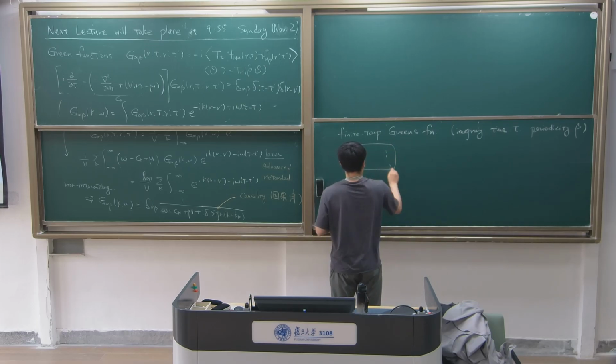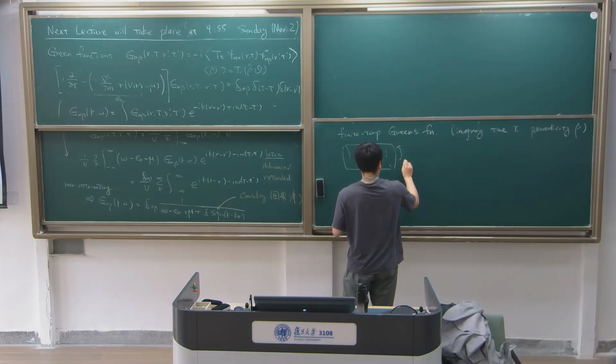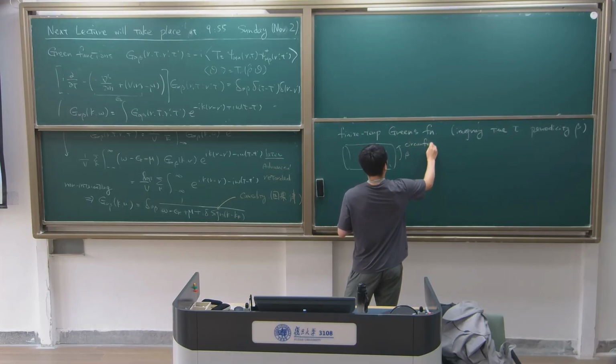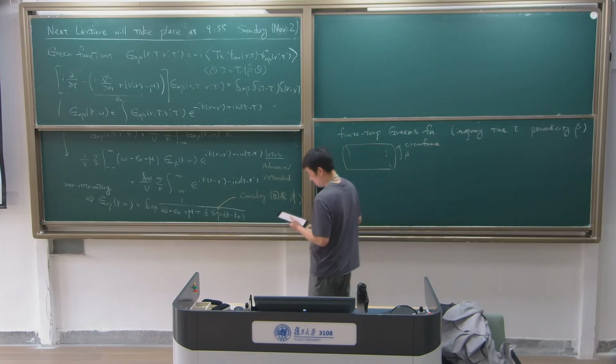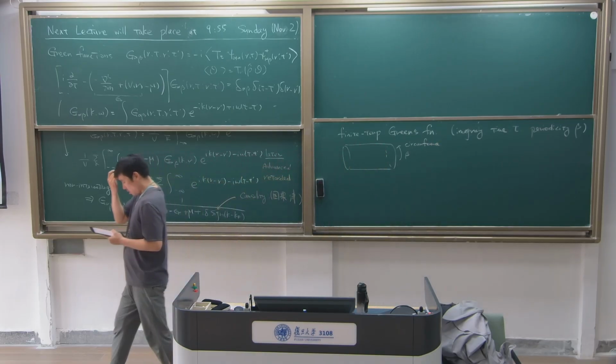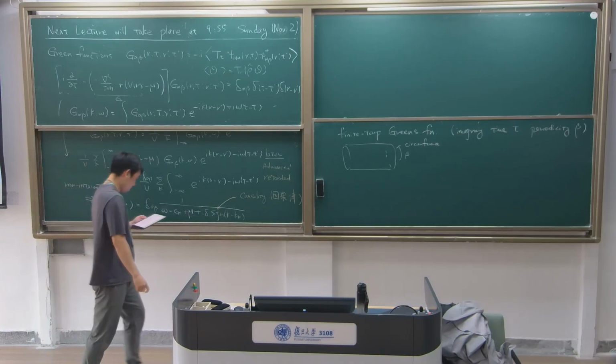Literally, imaginary time becomes like a circle with circumference beta.